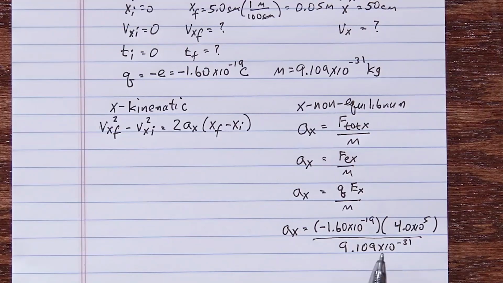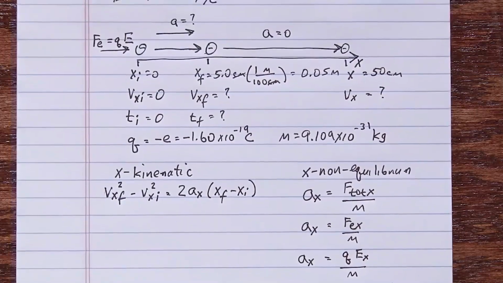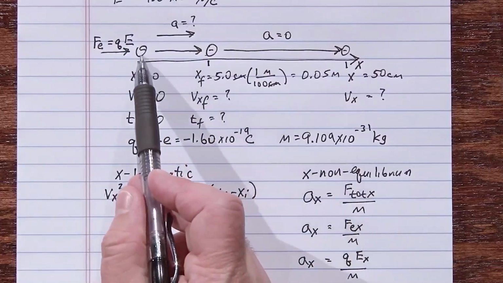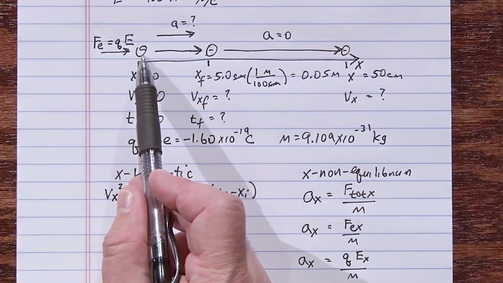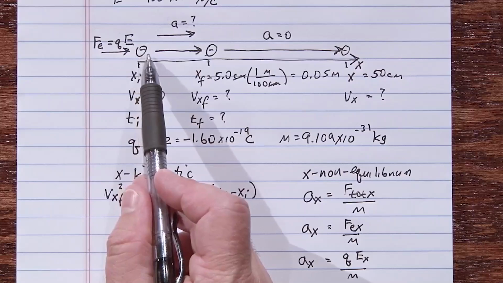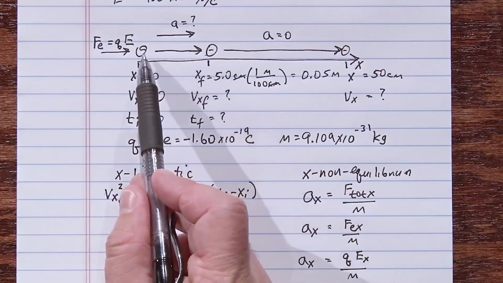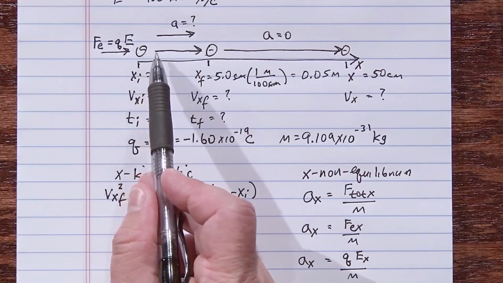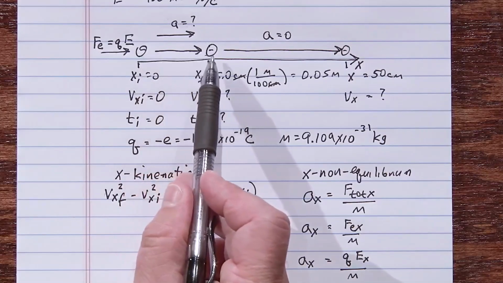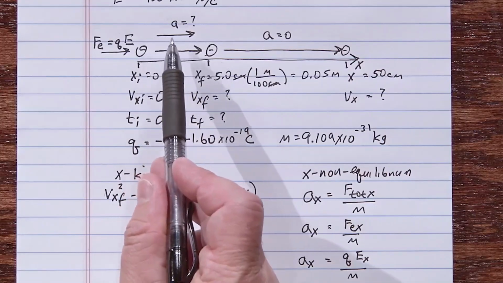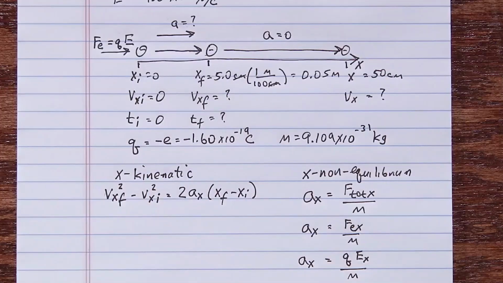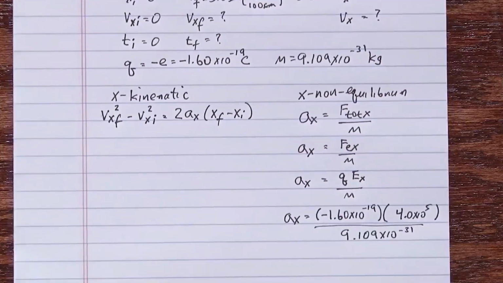Now one thing about this is we know that the acceleration is in the positive x direction. We know that from the way that we've drawn our diagram. The electron is here, it's at rest, it starts picking up velocity in the positive x direction, so the velocity of the electron is increasing in the positive x direction. That tells us that the acceleration also has to be in the positive x direction.